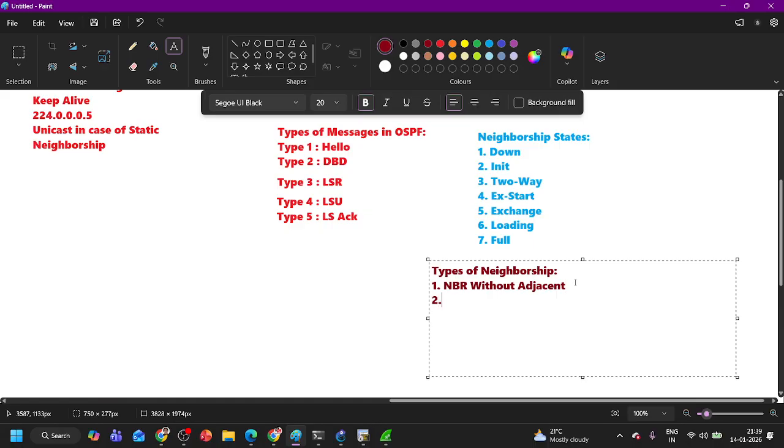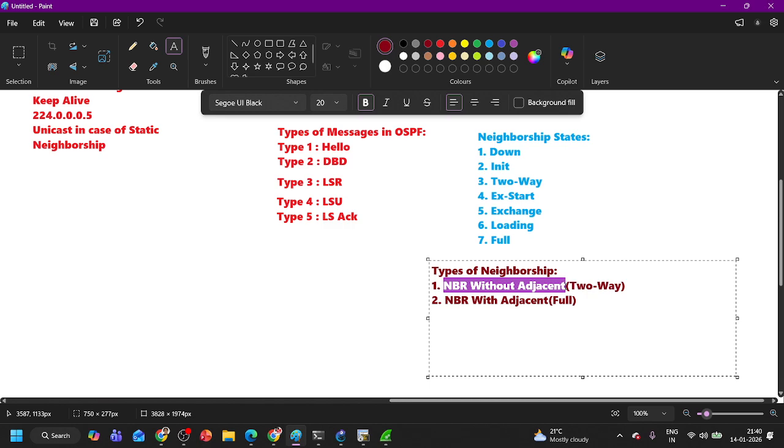That is neighbor with adjacency. That is OSPF neighborship adjacency, meaning the full state. And neighbor without adjacency means neighborship in two-way state. These are the two types of neighborship. Whenever you say neighbor in two-way state, it means there is no adjacency.